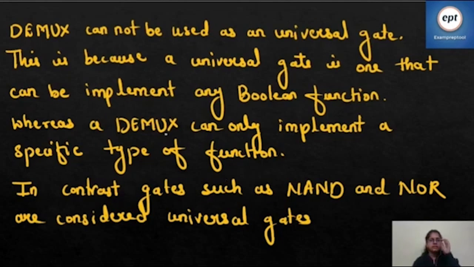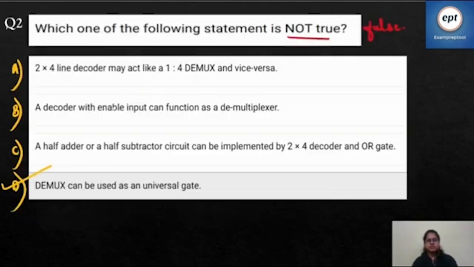But demux cannot implement some of the Boolean functions, so demux is not considered a universal gate. I hope you got the clarity on why demux cannot be used as a universal gate. This is actually a false statement for us.